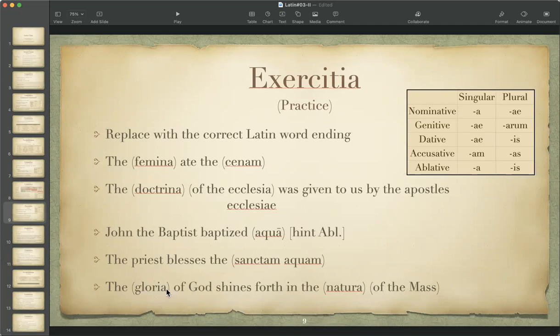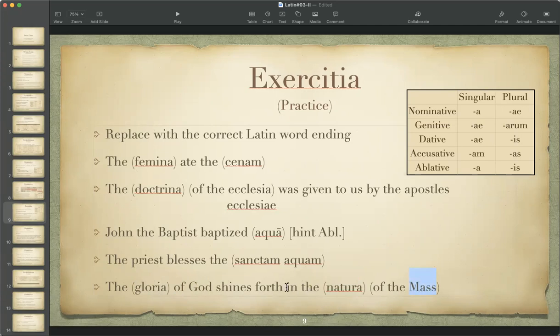Glory should be nominative. The of God would be genitive. Yeah, genitive. I'm throwing a few curveballs on this one. Shines forth in the nature of the Mass.